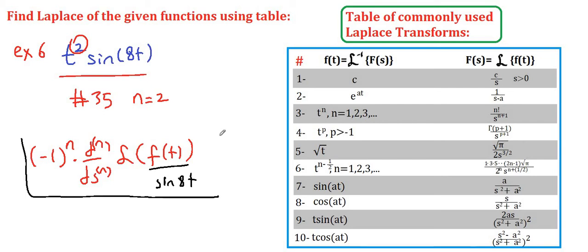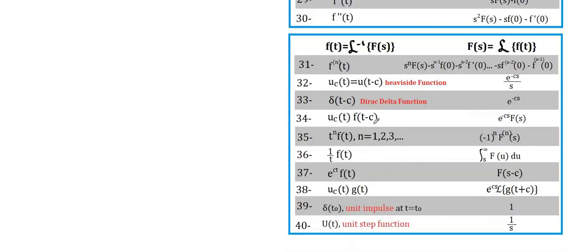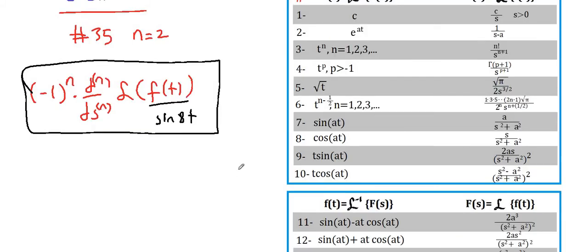Or you can go to number 35 and use t to the n, in our case t squared, times f of t is equal to negative 1 to the nth power times the nth derivative of F of s. Let's use the formula we have derived because it's more practical here. So in our case we have negative 1 to the second power, our n is 2, so the second derivative of the Laplace of sine of 8t.